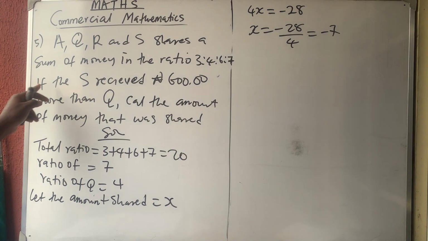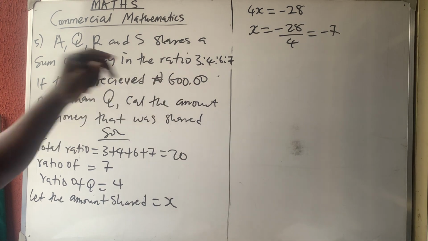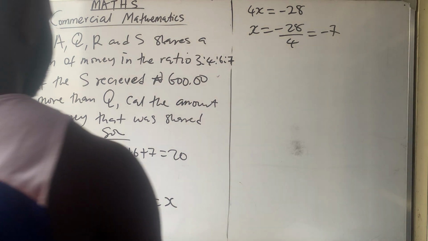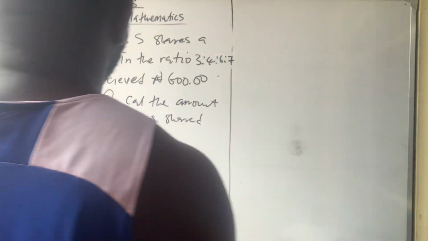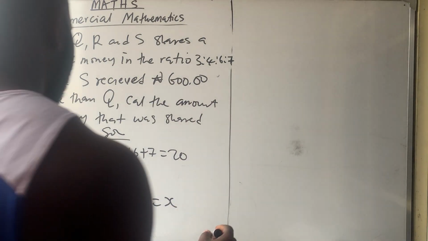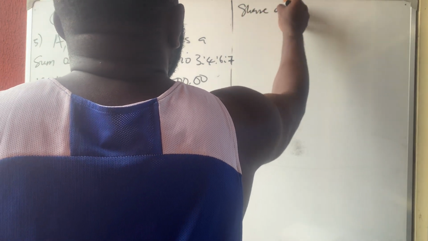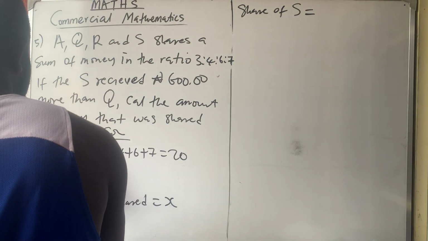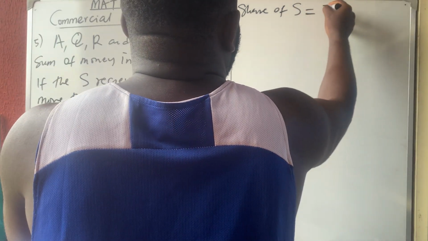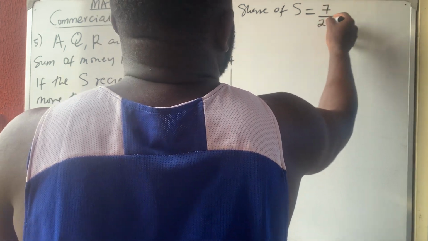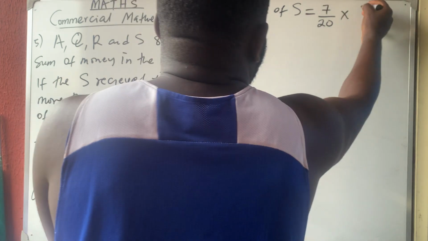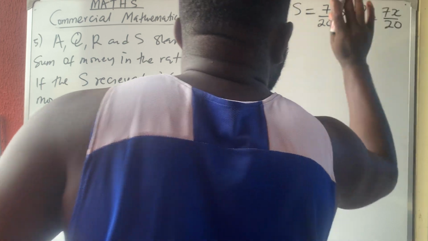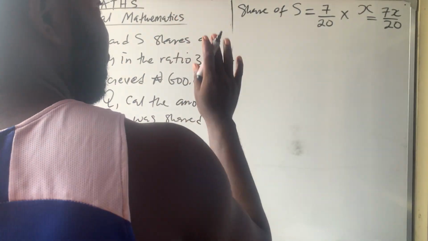They say that if S received 600 naira more than Q. So first of all, let us get the share of S and the share of Q. Share of S is equal to the ratio of S divided by the total ratio 20 times the total money, and we said that the total money is equal to x. So this will give you 7x over 20. This is the share of S.